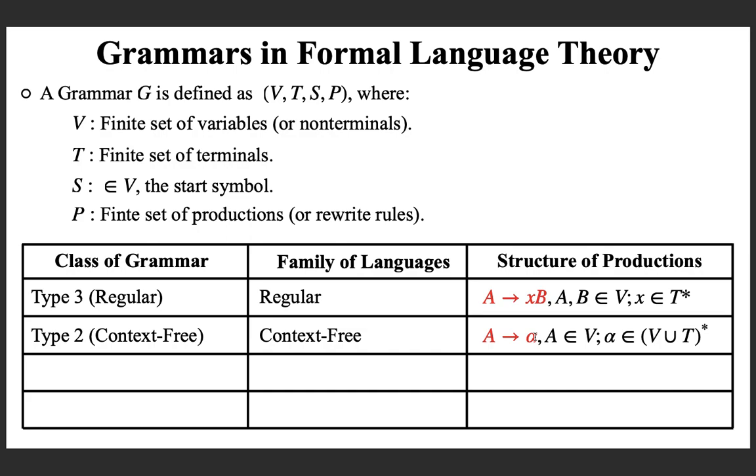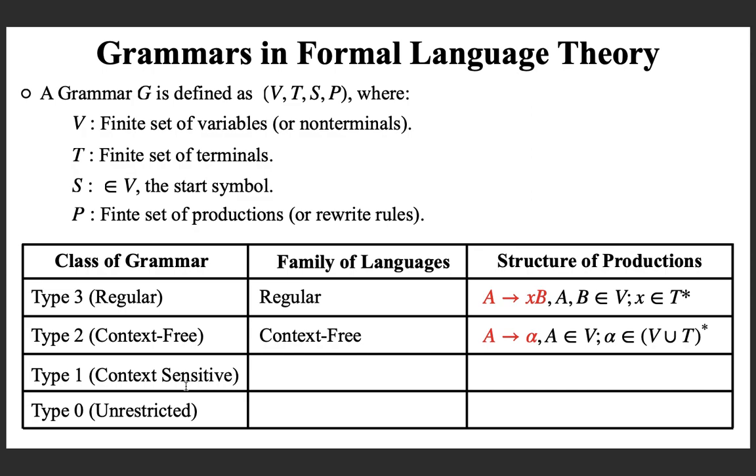But we saw that certain languages are non-context free, like a^n b^n c^n. So if you want to get a more powerful class of grammar, the only way that you can proceed is to relax the condition on the LHS, and when you do that, you can get more powerful grammars.